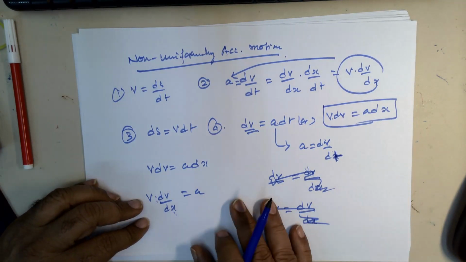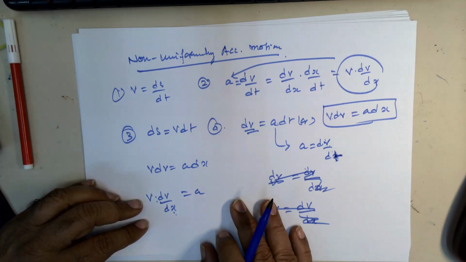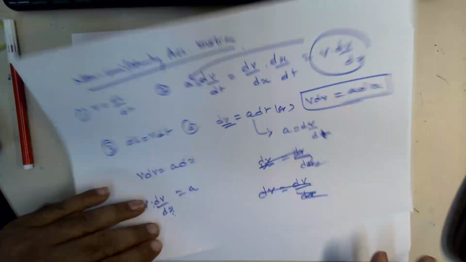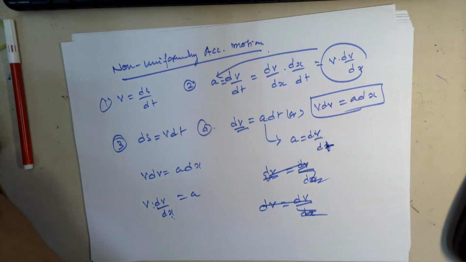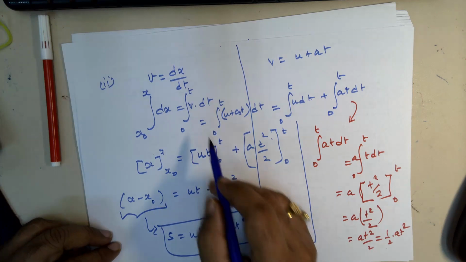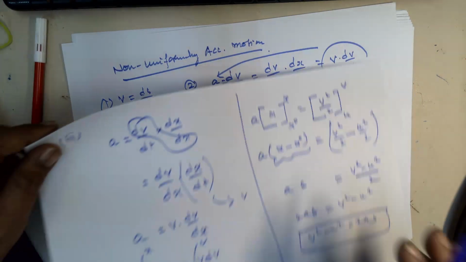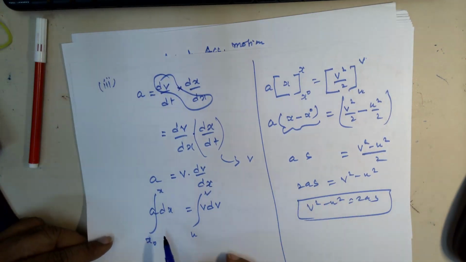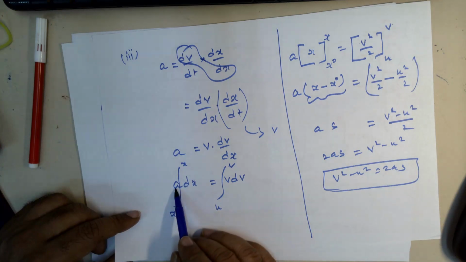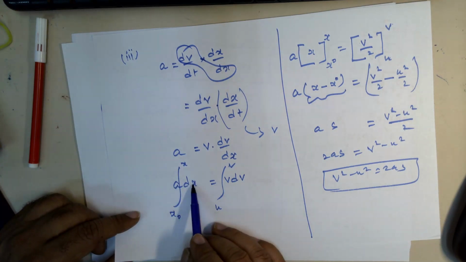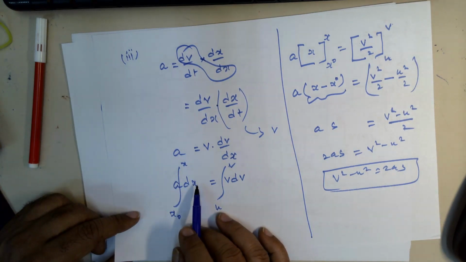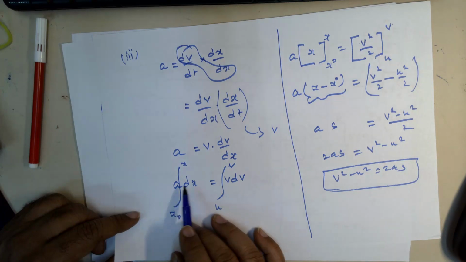So for when a is constant, I would have done it like this. I would have put a as constant here, right? See, I've taken a dx means a as constant. But in non-uniform acceleration, you cannot take a as constant.